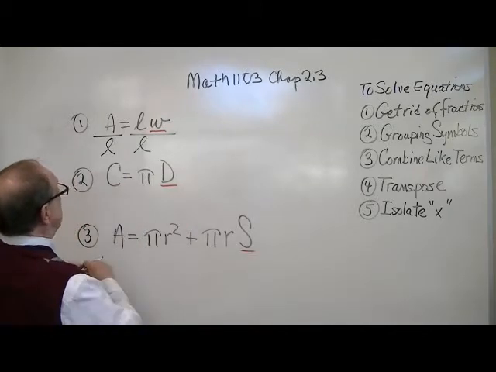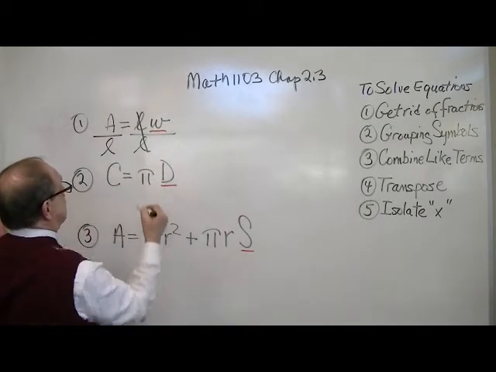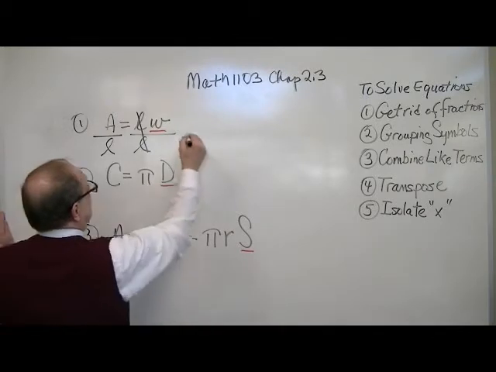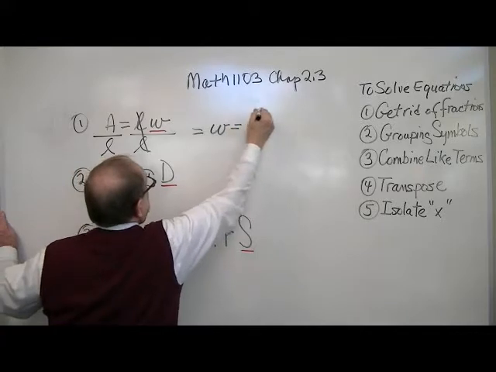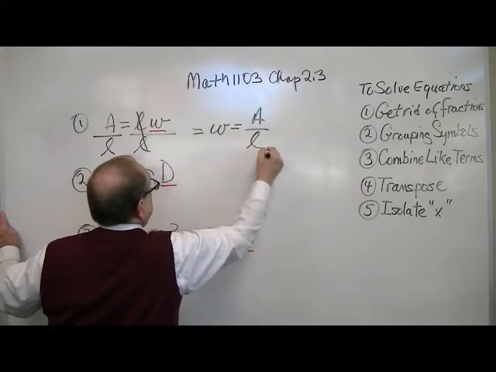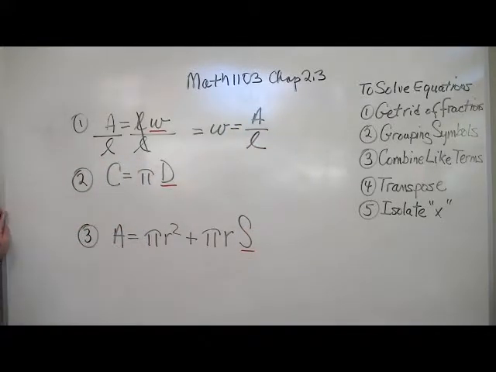When we do that, the L's cancel out, and we get W equals A divided by L. So this is probably the easiest of the examples.